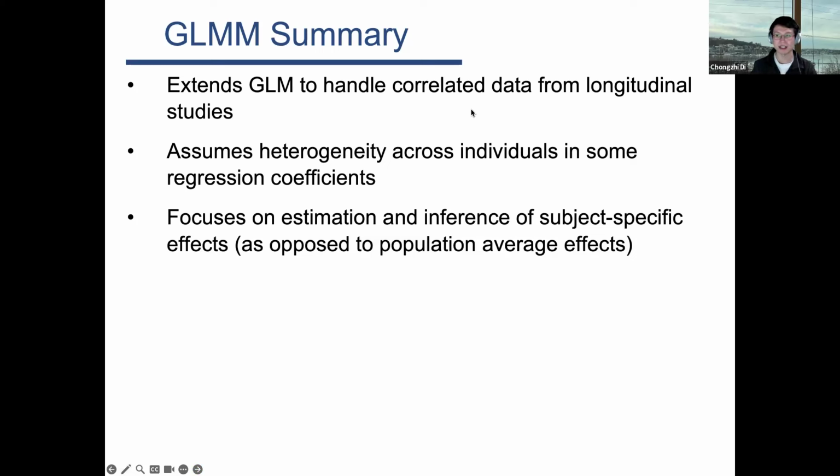They add random effects to the predictor part, and by using the random effects, they induce different types of correlation structure. These random effects also help explain heterogeneity across individuals, allowing trajectories to differ from individual to individual. For both model estimation and inference, keep in mind that the interpretation generally has a subject-specific flavor as opposed to population average effects.